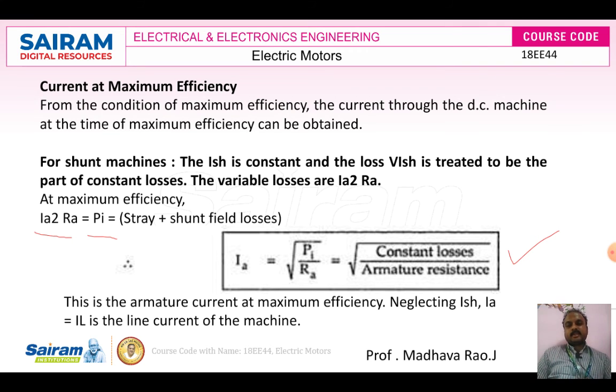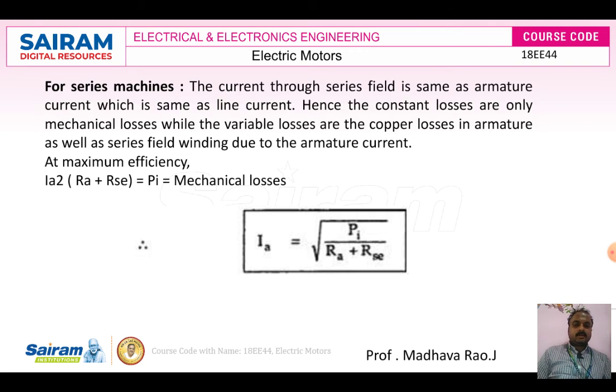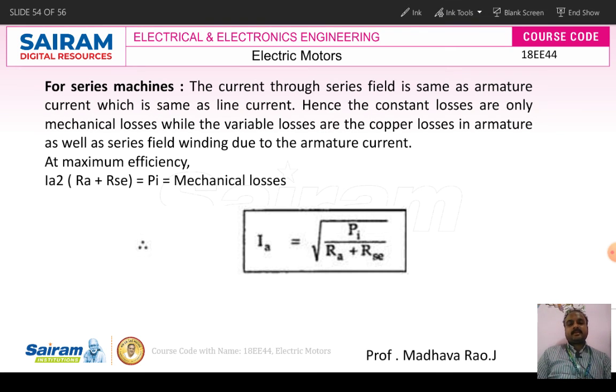Next, similarly we will see the DC series motor. The DC series motor consists of a field winding in series with the armature winding. So here the loss is IA square into (RA plus RSE). The current through the series field winding is the same as the armature current and line current.